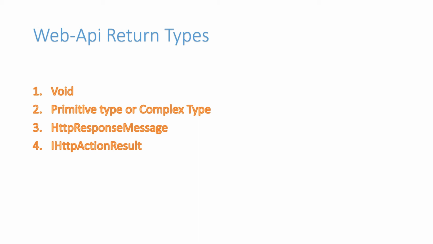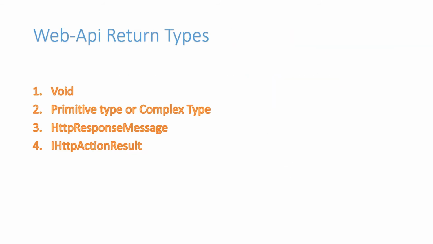So web APIs may contain a method which doesn't return anything. Let me give you an example: we have a delete method which will delete a record from the database by passing an ID, and it's not returning anything. Those kinds of methods can be taken as void.